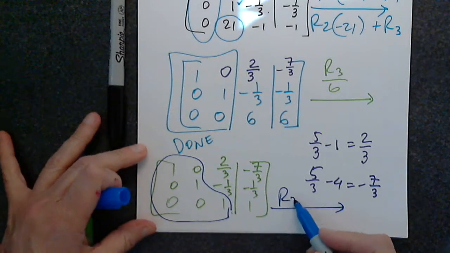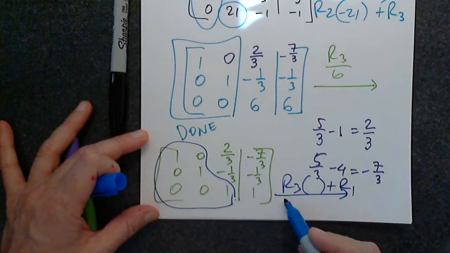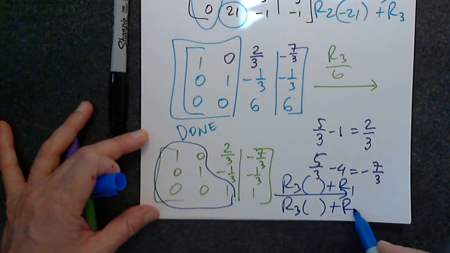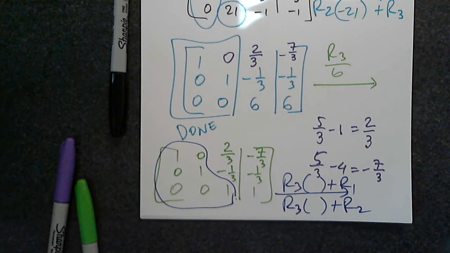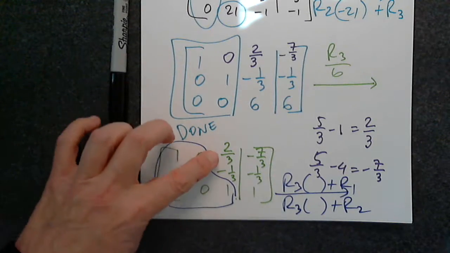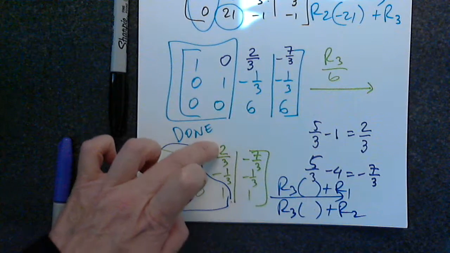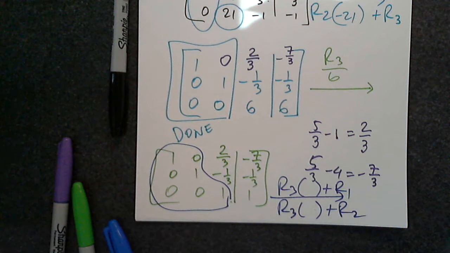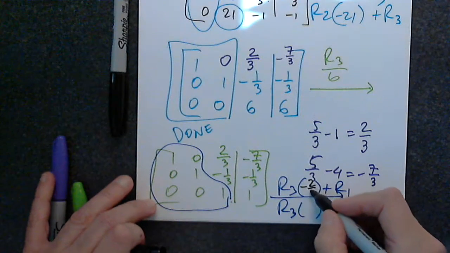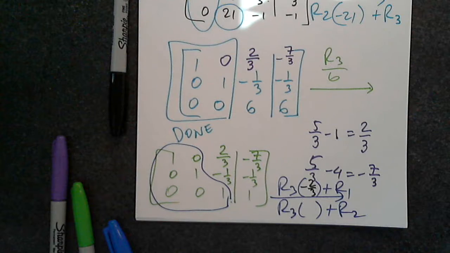Of course, the third row, by something to add it to row 1, and row 3 by something to add it to row 2. If we want to eliminate 2/3, what should we multiply 1 by to add it to 2/3 and get 0 there? Negative 2/3.